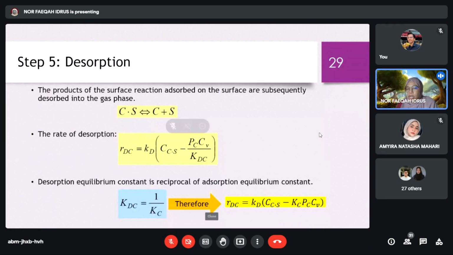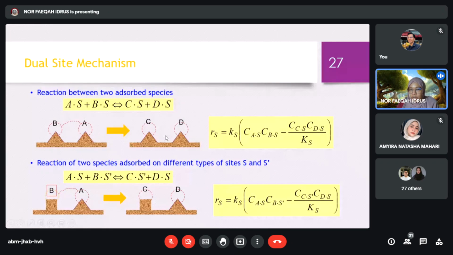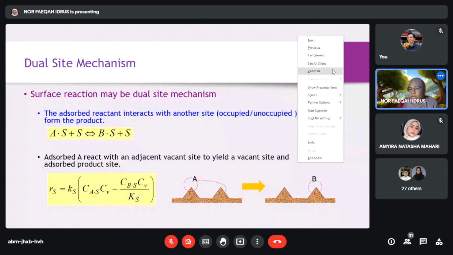Okay, desorption ni after you produce the product. The product of the surface reaction adsorbed on the surface is subsequently desorbed into the gas phase. So tadi kita dah produce the product. Either it is single site ke, dual site ke, dia adsorb on the active site.